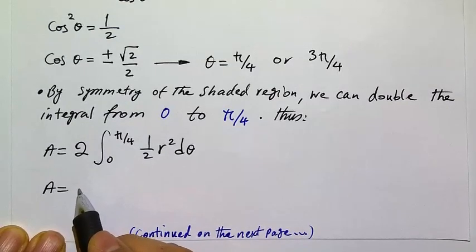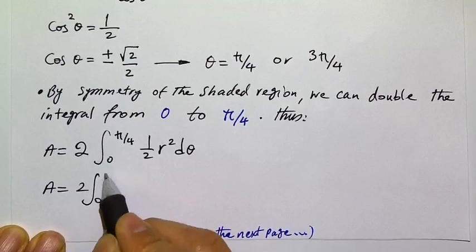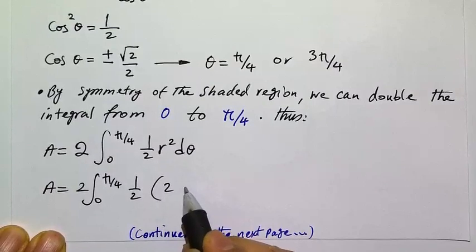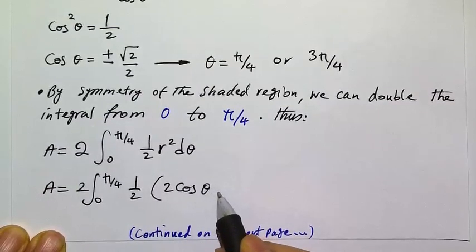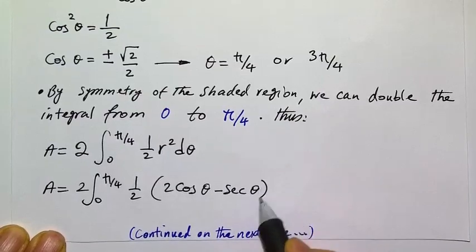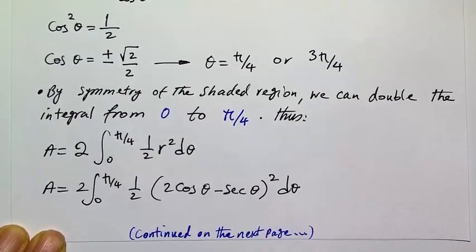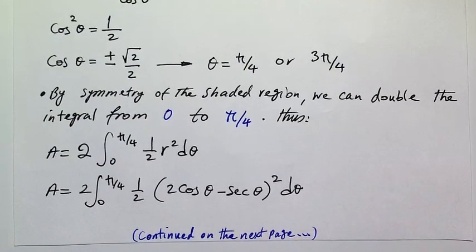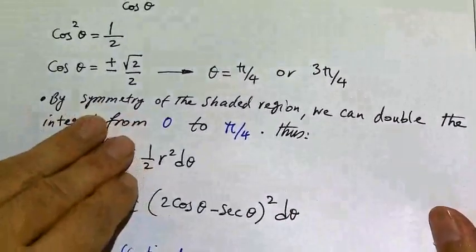And so we have 2 times the integral from 0 to pi over 4 of 1/2 times all of that, 2 cosine theta minus secant theta squared d theta. Okay, I guess I need a new page here.